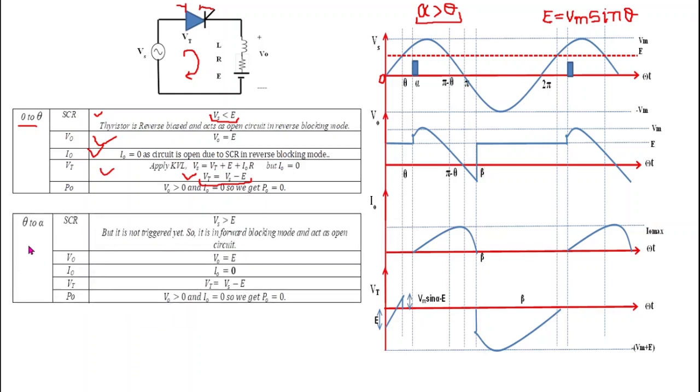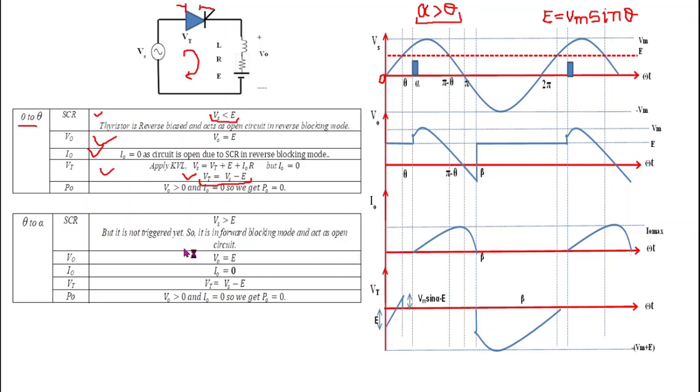Now we will see the operation from theta to alpha. Here from theta to alpha we can clearly see that the source voltage is greater than EMF E, because the waveform of source voltage lies over this EMF E. But the thyristor is not triggered yet, or gate current is still not applied to the gate terminal of the thyristor.